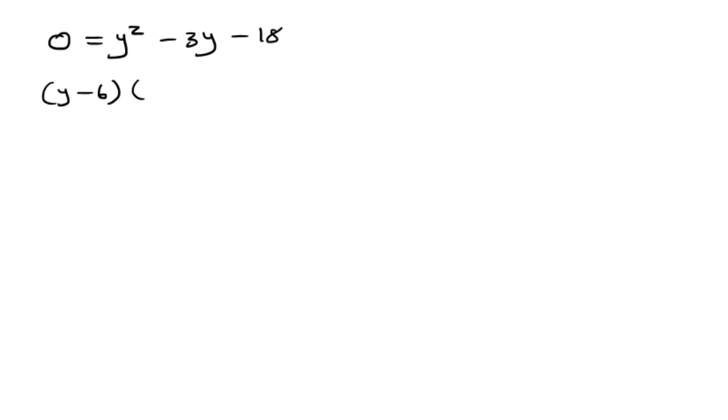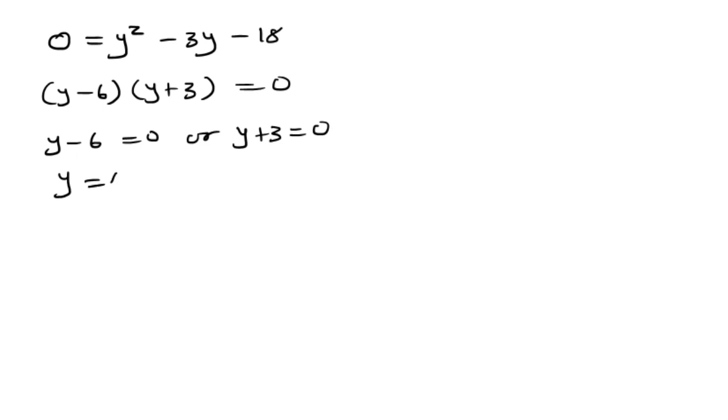and y plus 3 equals 0. That is the same thing as saying y minus 6 equals 0, or y plus 3 equals 0. So this gives us y equals 6, or y will be equal to what?